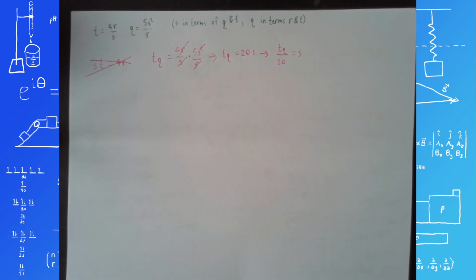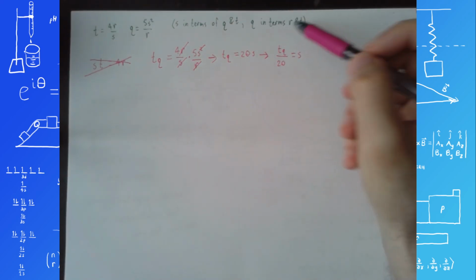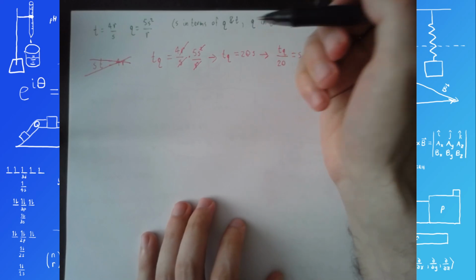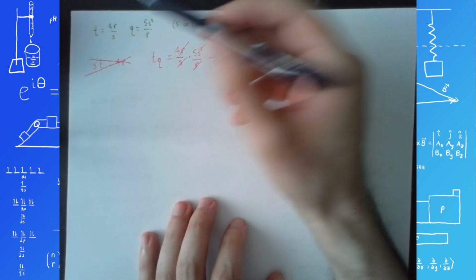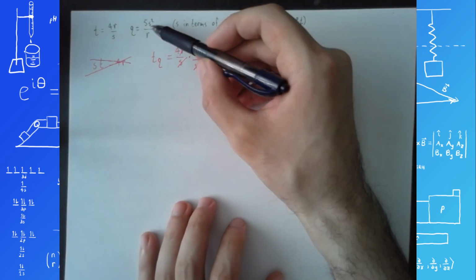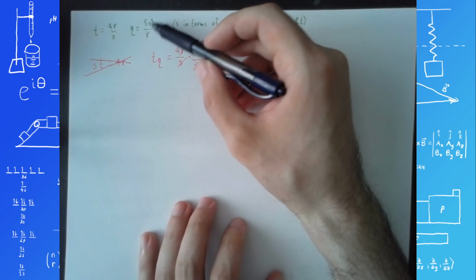And then express Q in terms of R and T. We want Q now in terms of R and T. Okay, well, we already have Q isolated over there, so all I really need to do is get rid of the S now. I'm not allowed to have S's.